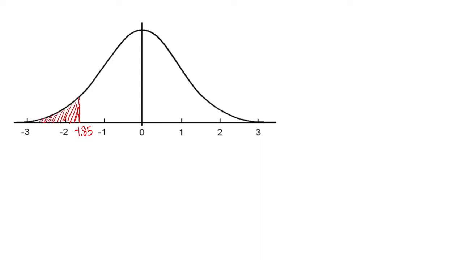And take note, just like our concept a while ago, we need to get, if z is 1.85, what is its area? Section Galileo, look at the standard table now. What's the value of 1.85 in your table?